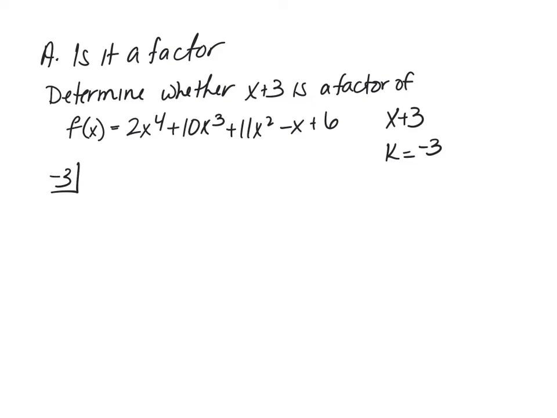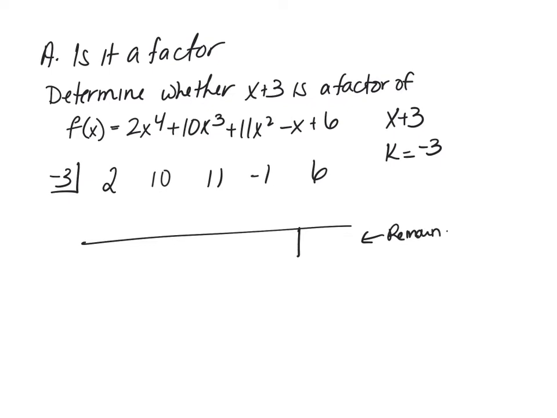So if the exponents don't go consecutive, then you need to put a 0 in for the missing one. So that's 2, 10, 11, negative 1, and 6. Then we draw that line with the space, and this number here is our remainder. If the remainder is 0, then it's a factor.